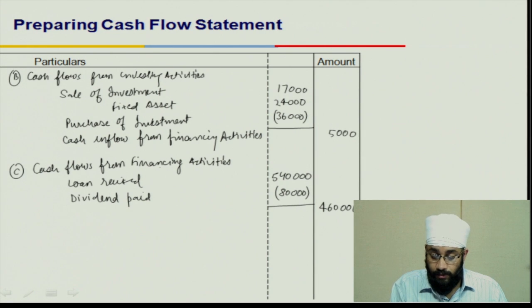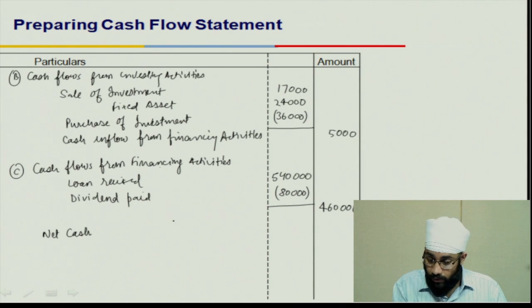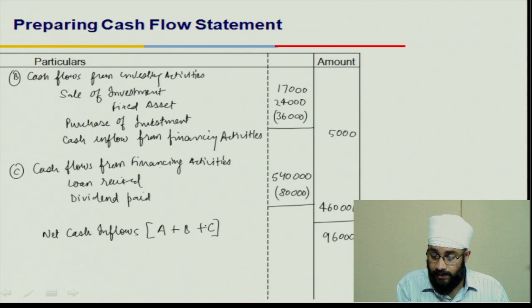Now that we have cash flows from all three activities, let us find out the impact on the cash position. So net cash inflow or outflow. We can sum up all of this, and we have 96,000 as net cash inflows, which is a result of the three activities combined.